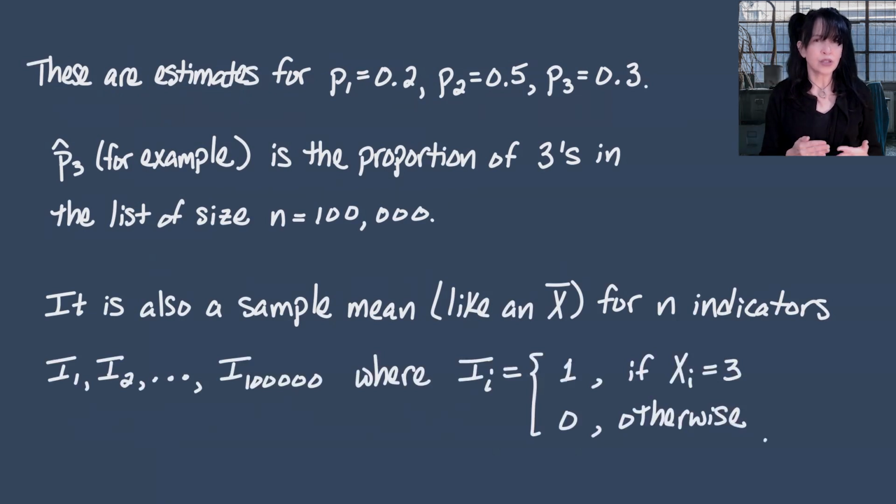And if you do this, what you have are random variables capital I1 for indicator, capital I2 through capital I 100,000, and your P3 hat, which is the proportion of 3s, is really a sample mean of these I's, these 1s and 0s. If you average those, you add them all up and divide by n. That's the same thing as counting the number of 3s and dividing by n. So the P hat is actually a kind of sample mean.